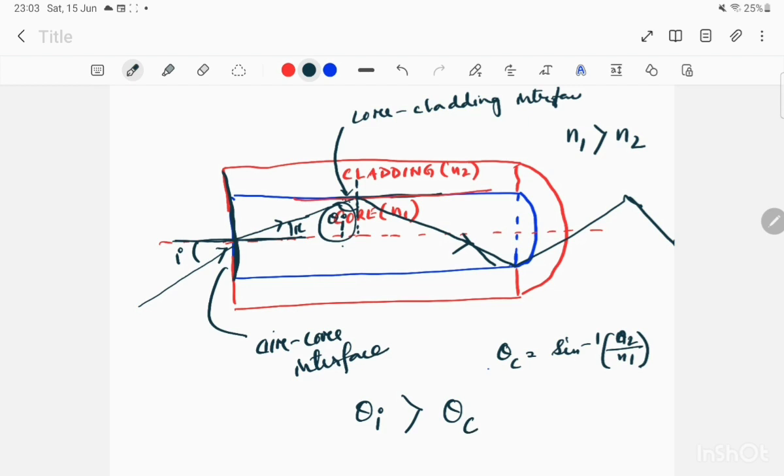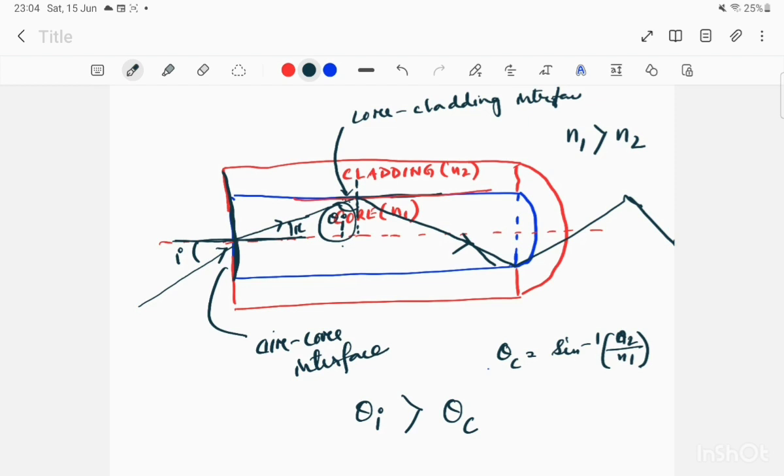So there are two conditions. One is core must be denser than cladding, and second is theta i must be greater than theta c. Then only we can ensure that the ray of light is suffering total internal reflection, and that ray will be trapped inside the core of the optical fiber for good, and it will be successfully transmitting the information from sender to receiver.